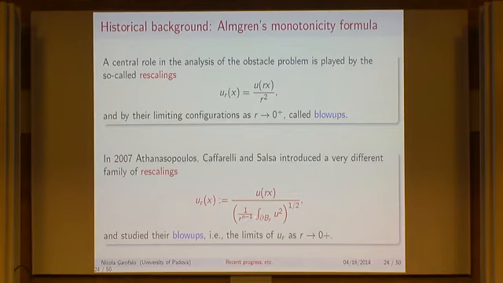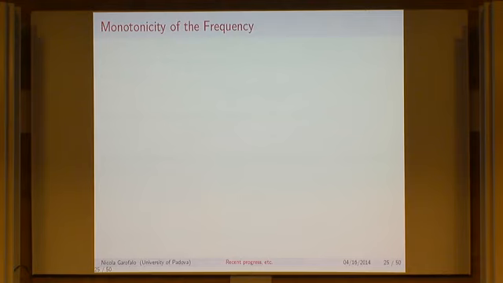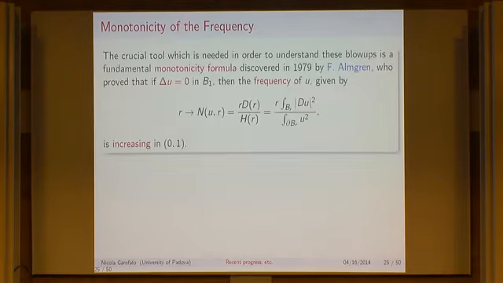What they had in mind is a fundamental result of Almgren, which goes back to 1979, which says that you have monotonicity of a certain quantity, which Almgren called the frequency. Let me talk a little bit about the monotonicity of the frequency.